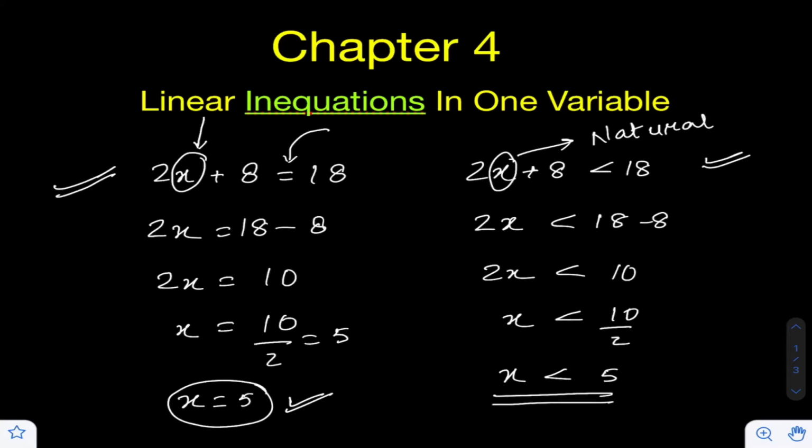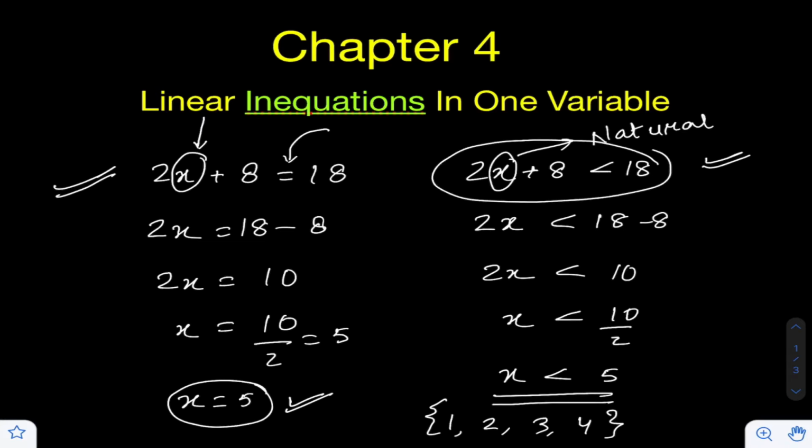So less than 5 means all those natural numbers which are less than 5 we have to write. So 1, 2, 3 and 4, because natural numbers start from 1. So this is the solution set of this inequation.